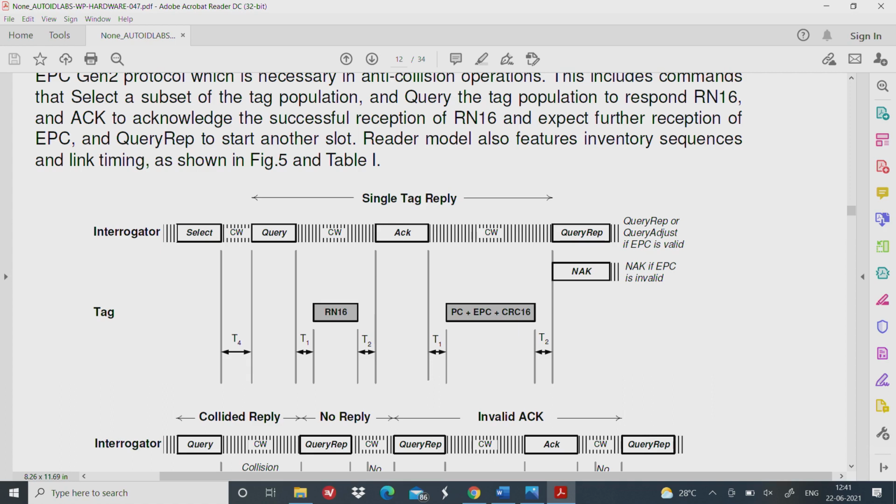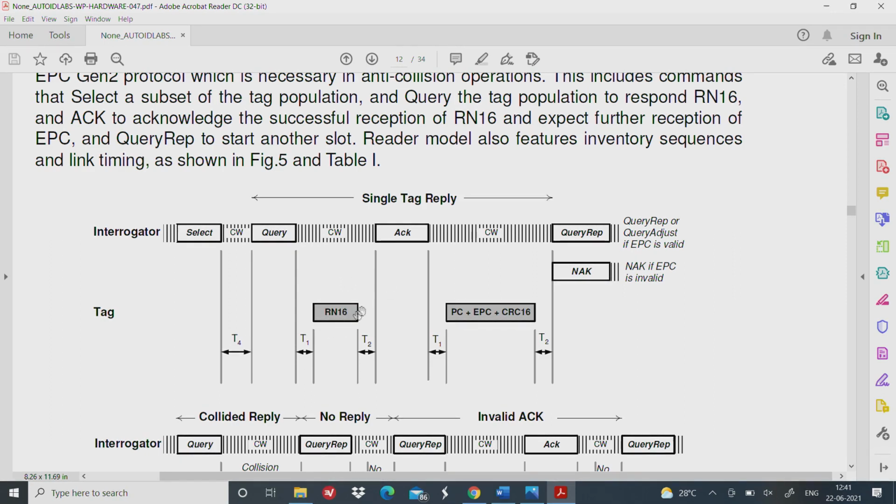Then RN16 can be given back by the tag provided a continuous wave is supplied. So you can see that the continuous wave is supplied here and RN16 comes here. Typically there is a delay between the end of the query command and the start of the RN16 itself, which will be of some length. So the CW should be sufficiently long to take care of the fact that RN16 can be communicated back.